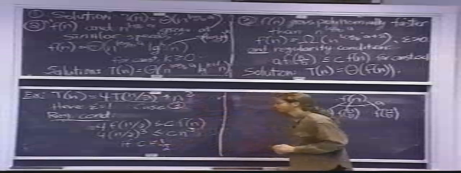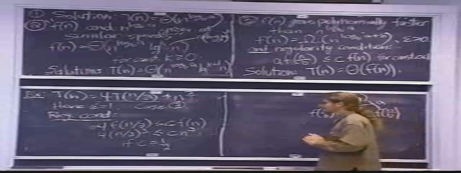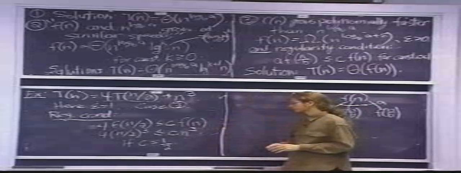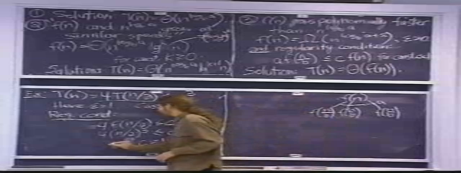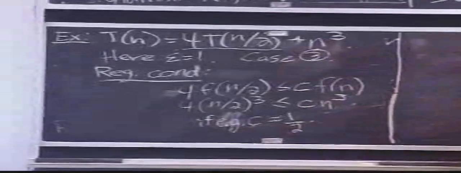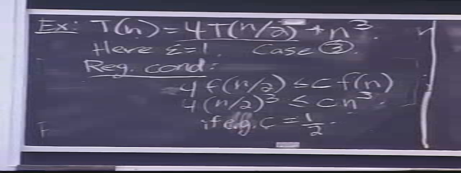So c is, let's say c is a half. I don't want to have to figure out which way works. So c should be between a half and 1. That's the right way. But if c is a half, it works. So I'll put in if, for example, c is a half. And so regularity condition works out. We're set.